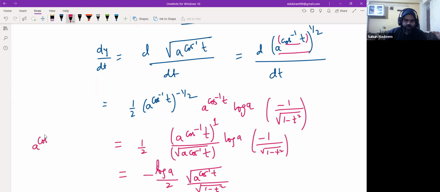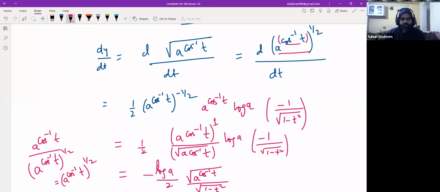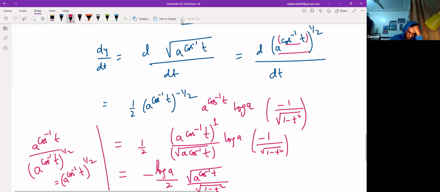This is a to the power cos inverse t by a to the power cos inverse t under root. So this will give you a to the power cos inverse t under root. Okay. Yes.